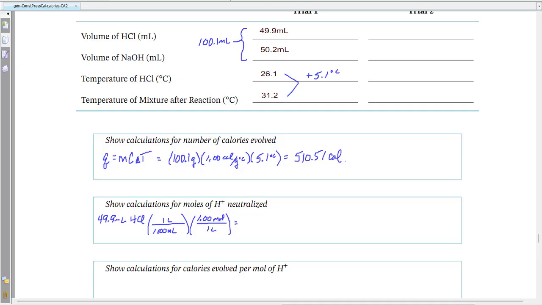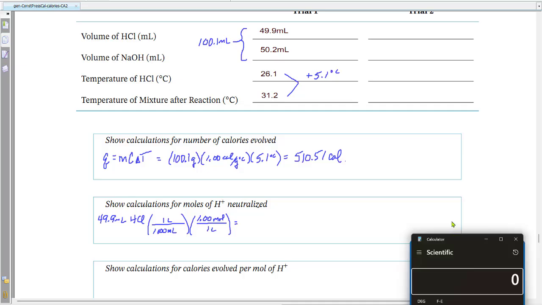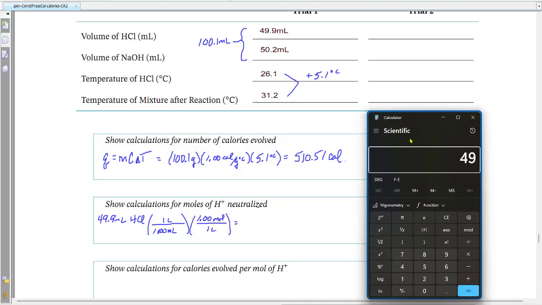So I can go ahead and do that math now. 49.9 divided by 1,000 times 1. Okay, 0.0499 moles of H plus. Now, if we had been using a diprotic acid, for instance, if this were sulfuric acid, H2SO4, we would want to double this number. Okay.